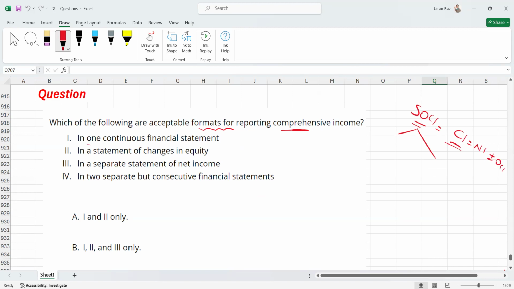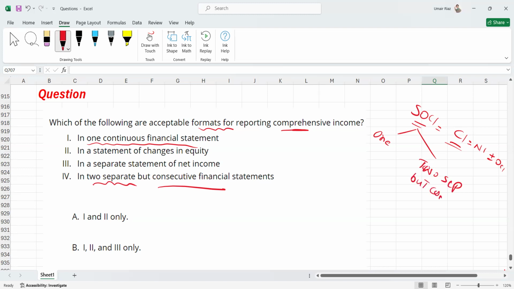First format is called one continuous financial statement. And then there is another format which is called two separate but consecutive financial statements.